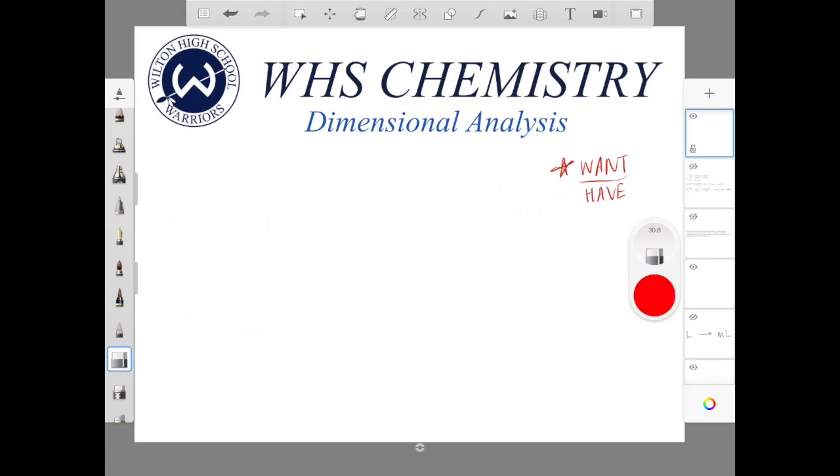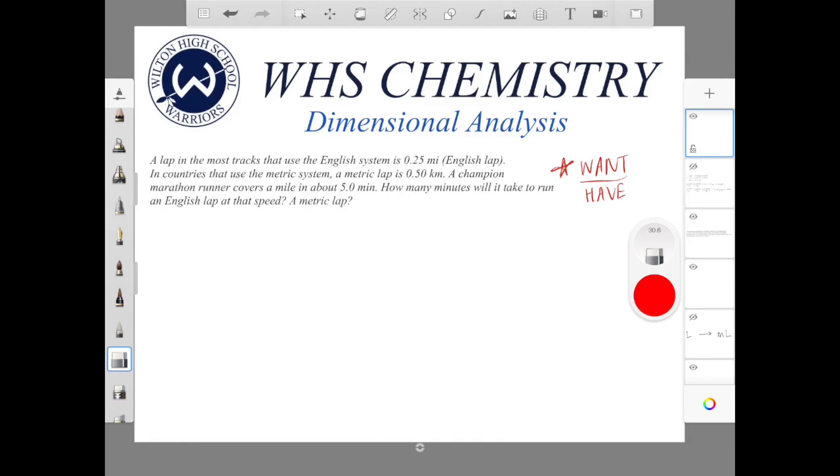Okay. Now we're going to work on a harder problem with dimensional analysis that has more steps to it. I believe this is problem number 38 in the textbook. It says, a lap in most tracks that use the English system is 0.25 miles, an English lap.